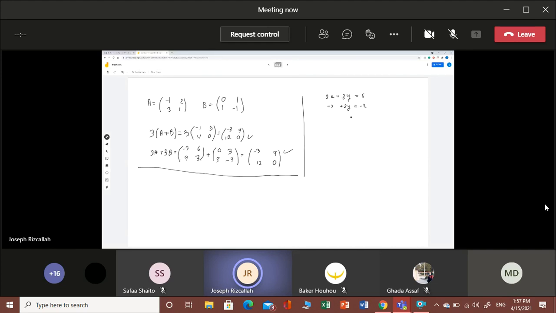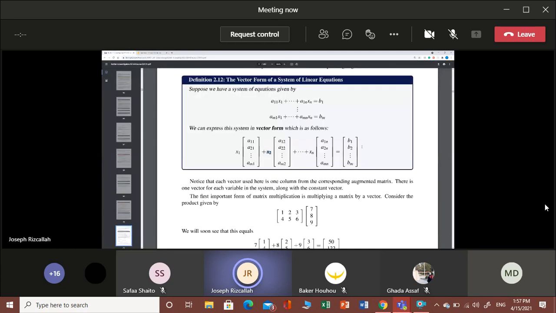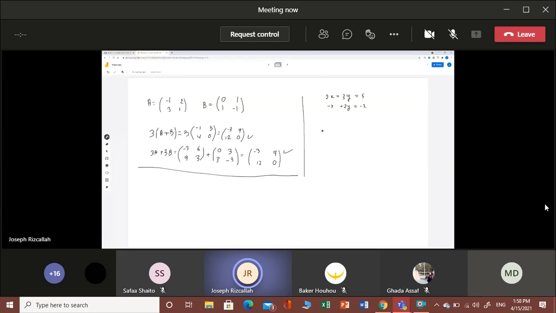I want to write this system using the column vectors. I can write it this way: x, my variable, times the first vector, which is 2, minus 1, plus y times 3, 2, equals the vector 5, minus 2.